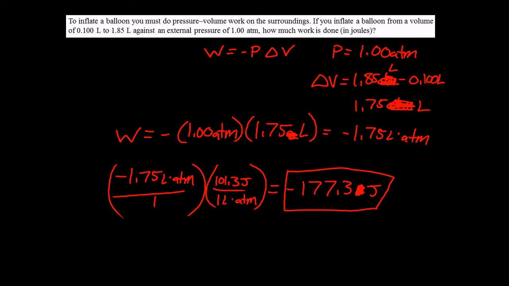Because there is atmosphere all around the balloon, and so as you're blowing the balloon up, the gas that's inside of there has to push the atmosphere that's around the balloon out of the way so that it can occupy a larger volume. And so it is doing work to the surroundings. And so this sign makes sense, having a negative sign.